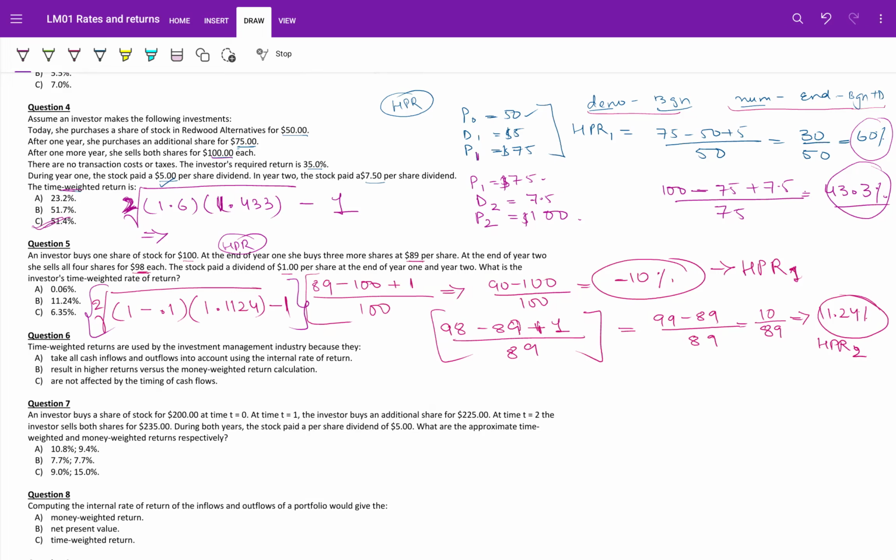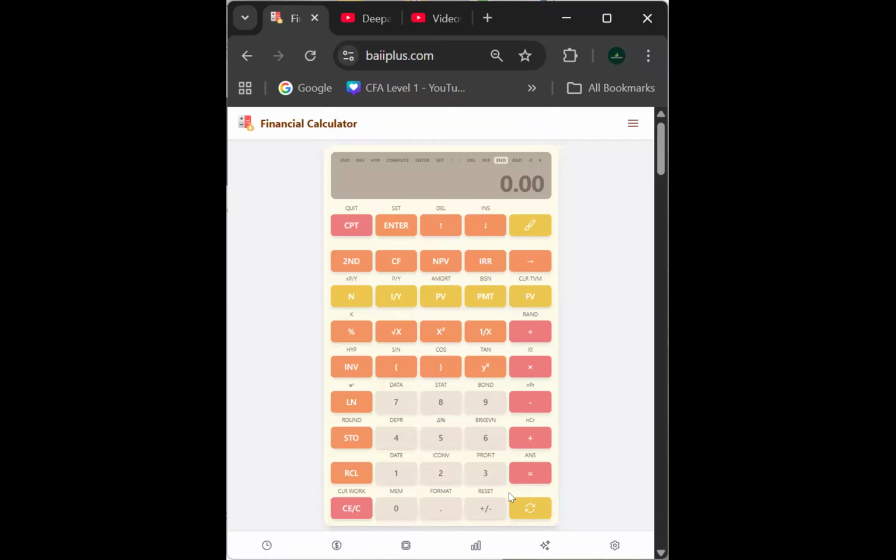So sharing my screen again with you, my calculator screen. 1 minus 0.1. I'm going to multiply it with 1.1124, and this is going to give me 1.1124.